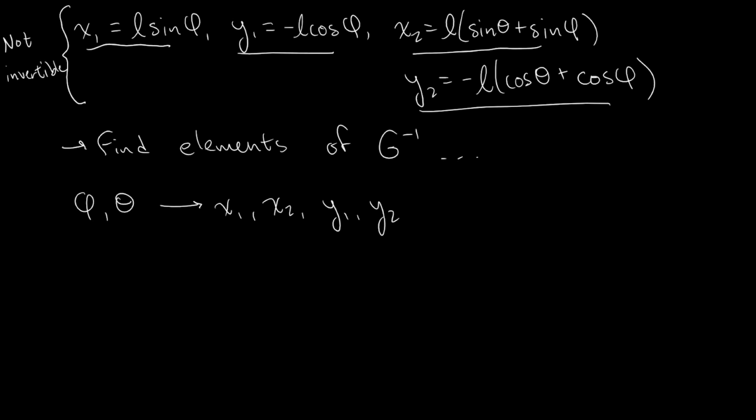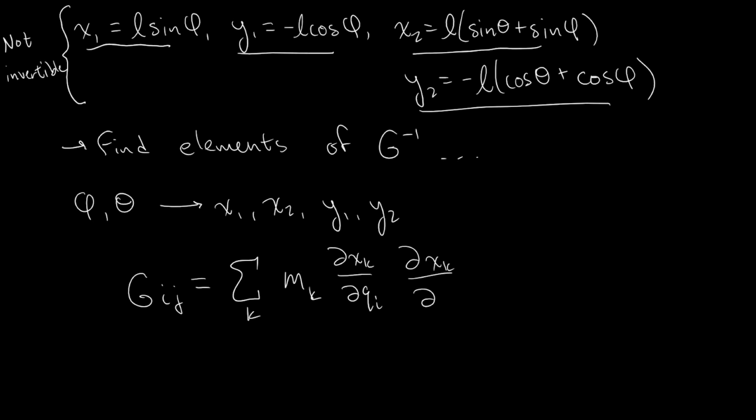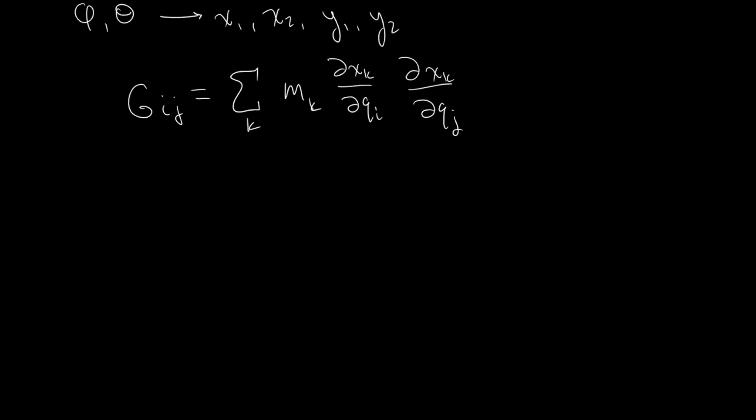So we've done this a million times, right? I know that I can start in Cartesian coordinates and write G as dx_k/dq_i, dx_k/dq_j, which means I just need to take derivatives of this coordinate transformation. Again, we've seen this time and time again, so I'm not really going to bother you with that, unless people really want to see it.